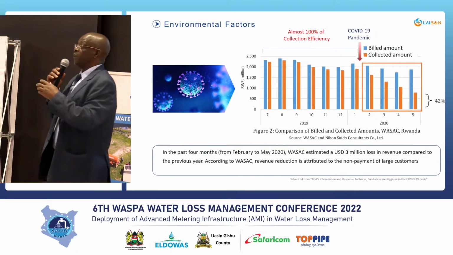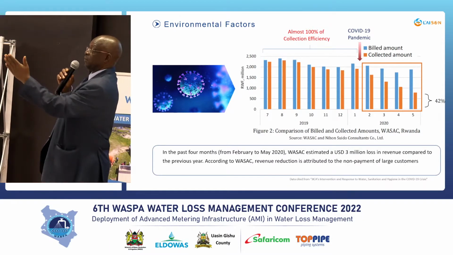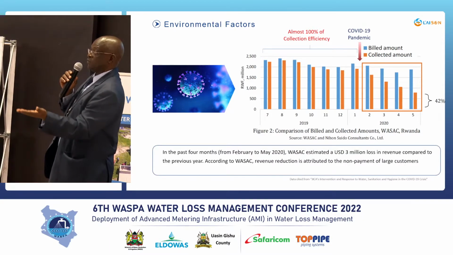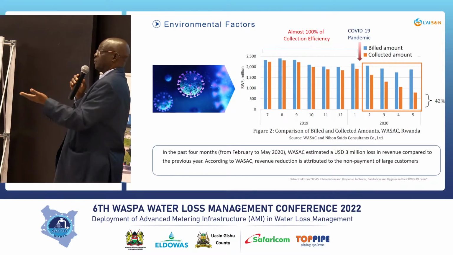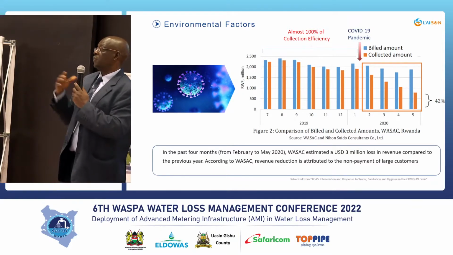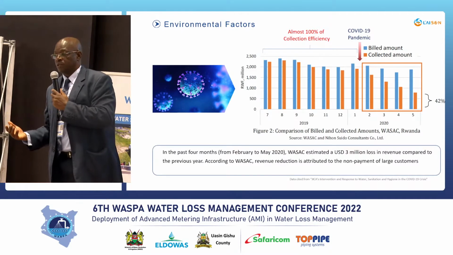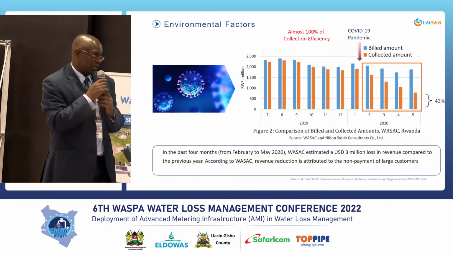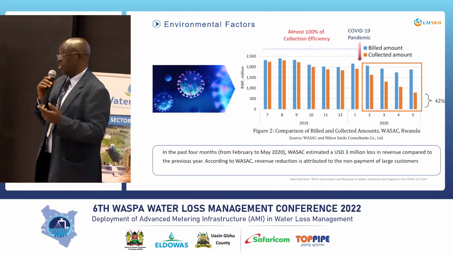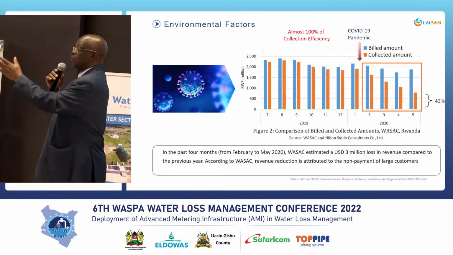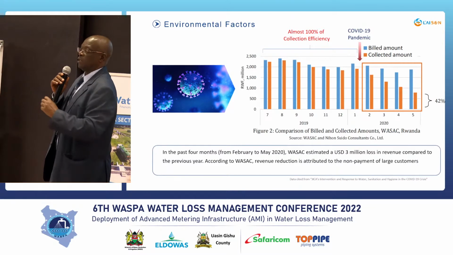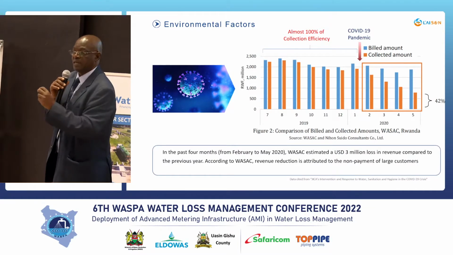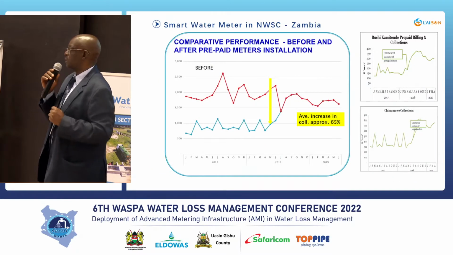You can see they were doing very well in terms of collection in 2019. When the virus was there in 2020, you can see how the collections went back. So the environment affects all the WSPs, not only one WSP. That is just how the environment is a problem to WSPs. Our solutions can address that. Next.